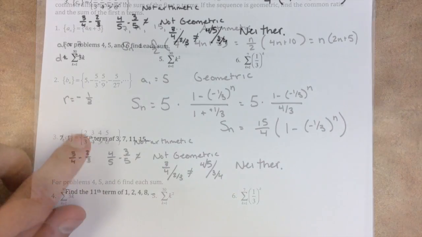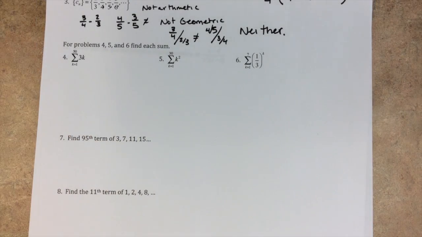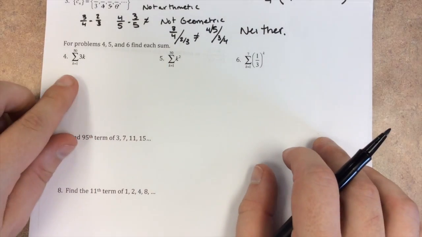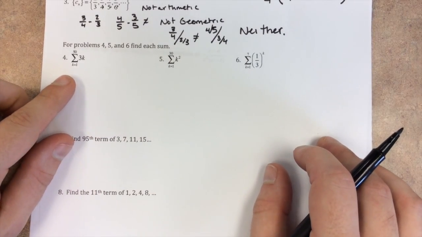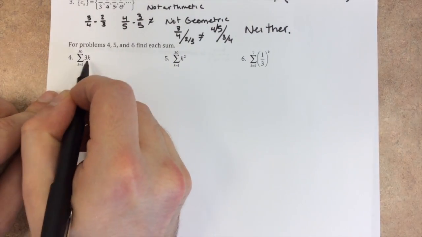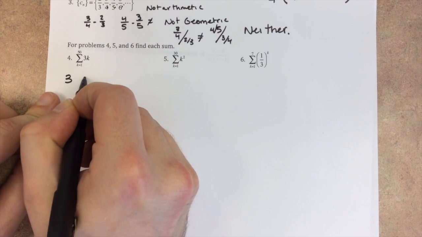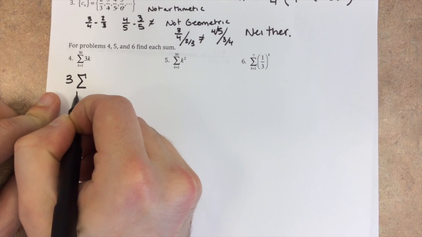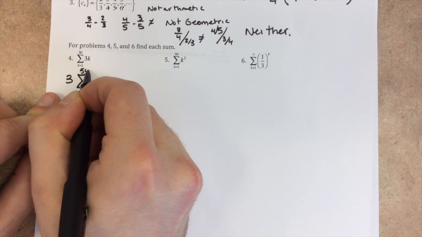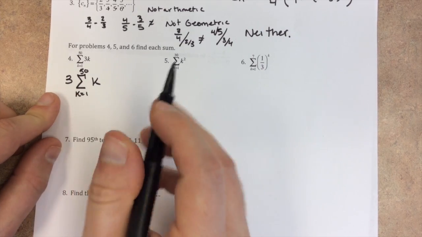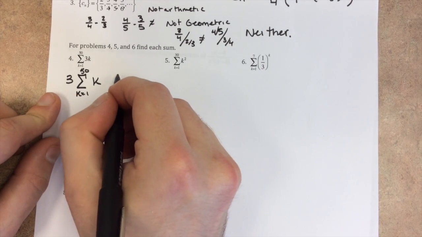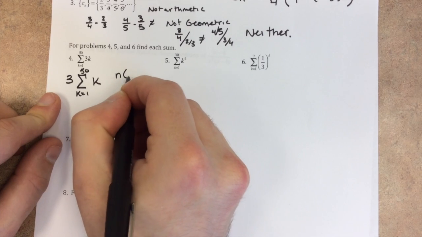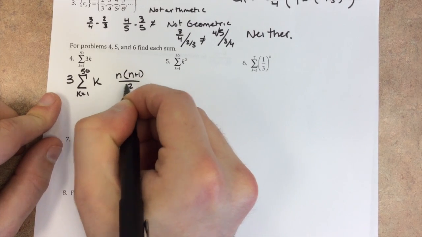Moving on to the next section. So for 4, 5, and 6, it asks us, write out the sum of each, find the sum for each. So we go to our sum sheet. First, if we have any constant, we can factor that out. So that's the sum, 3 times the sum from k equals 1 to 50 of k. So looking at our formula, the formula is n times n plus 1 over 2.